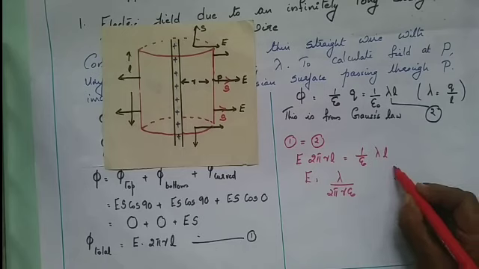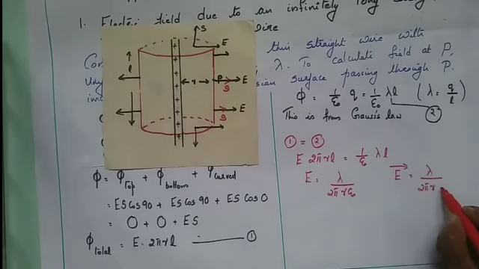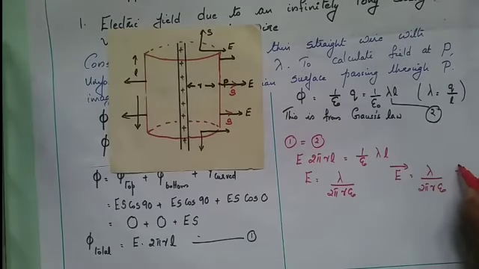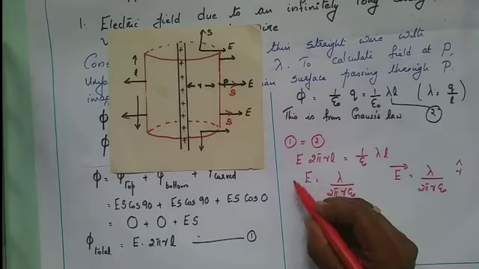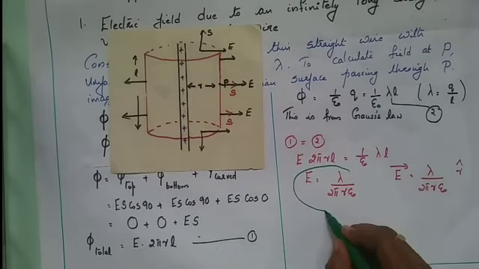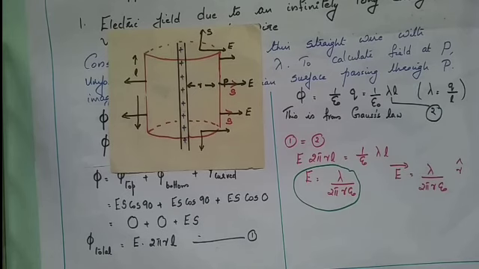In vector form, it can be written as lambda divided by 2 pi r epsilon 0, and since it is radially outward, it is represented by the unit vector r. So this is the formula for the electric field at any point due to a thin uniformly charged rod, given by E equals lambda divided by 2 pi r epsilon 0.